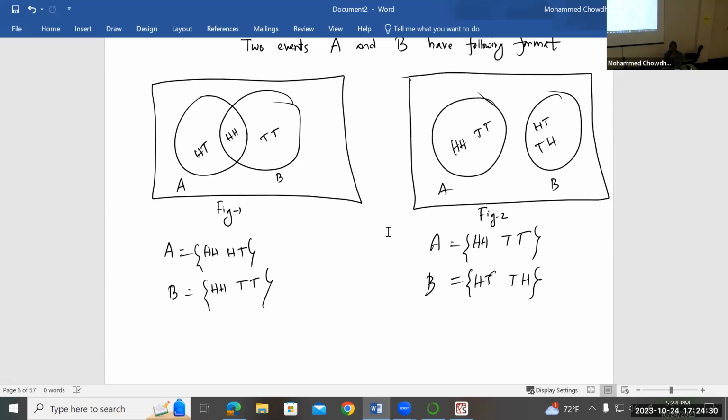One of you said figure 2. What about the others? This is a two coin tossing experiment, and your sample space is HH, HT, TH, TT.